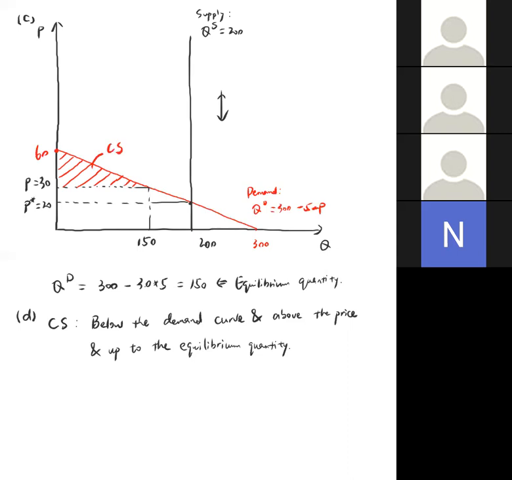But for producer surplus, usually we define producer surplus as the area below the equilibrium price and above the supply curve, and up to the equilibrium quantity.